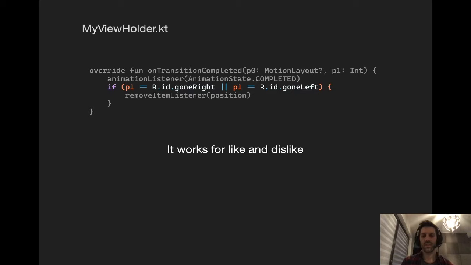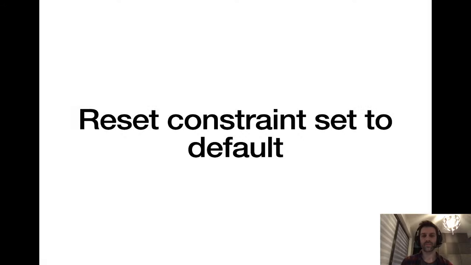It works for like and dislike. So I'm checking the p1, which is end state, sorry, which is end state. So if end state is gone right or gone left, I'm calling remove item listener.